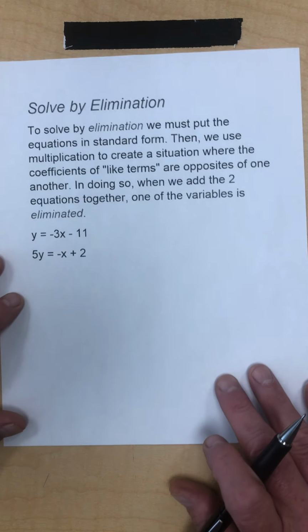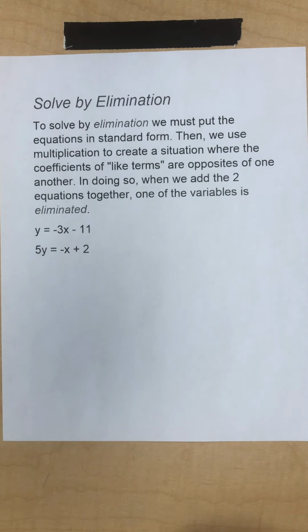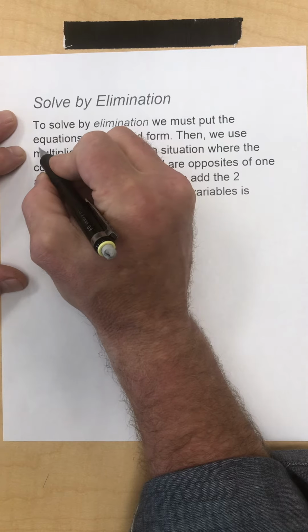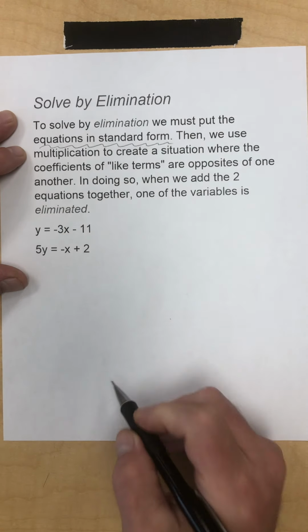All right, then we have solving by elimination. Now, when we solve by elimination, we've got to eliminate one of the two variables. To be able to do this, we need both of these equations in standard form.